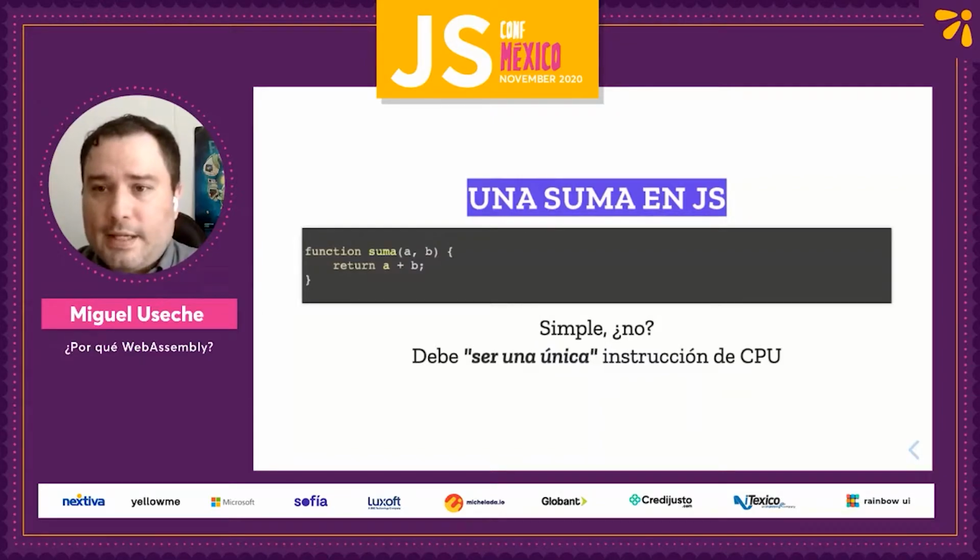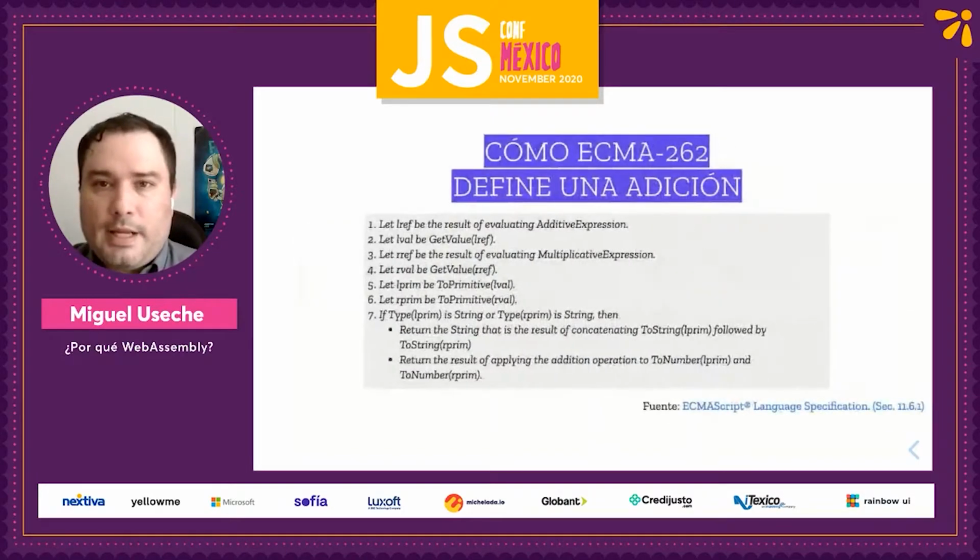In JavaScript, this is not the case. There is a document that defines the structure of how this must function. This is section 6.1, and it is composed of 7 steps. So if somebody wants to do something simple with just one command, it takes 7 steps.